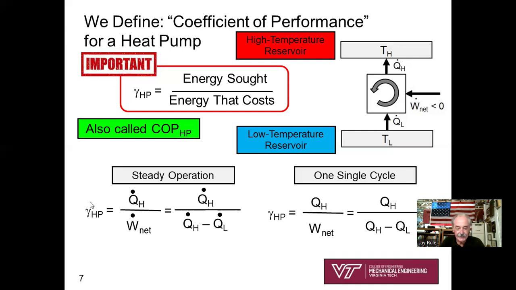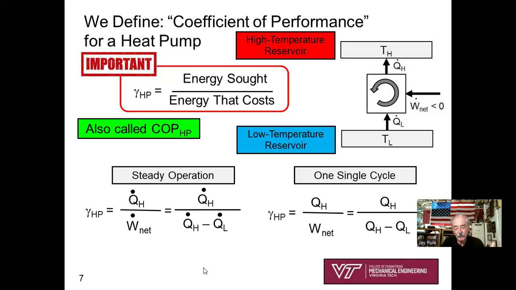Gamma of the heat pump is the energy sought, Q dot H, over the energy that costs, W dot net. And in many cases, in quizzes and tests, you're also going to write down the first law, transforming W dot net into Q dot H minus Q dot L. That's the statement of the first law for the denominator.